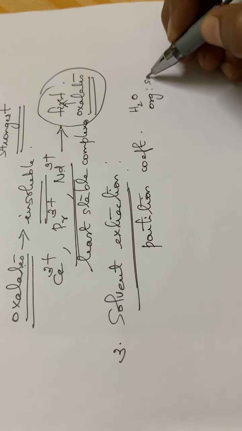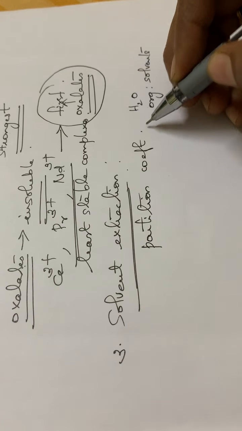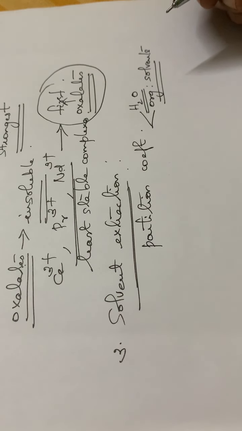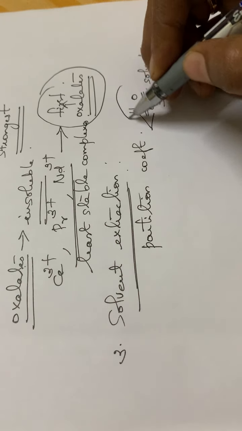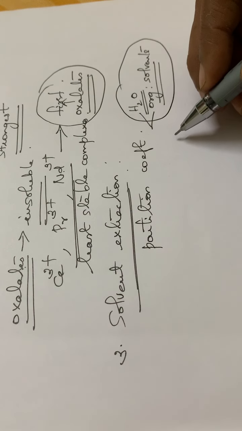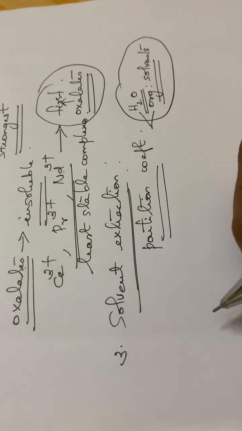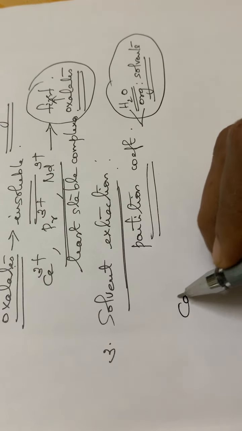Usually partition coefficients are done in solvents, isn't it? So here, partition coefficients between water and organic solvents. While using these lanthanide salts, the partition coefficients are slightly different. That principle is adopted here.